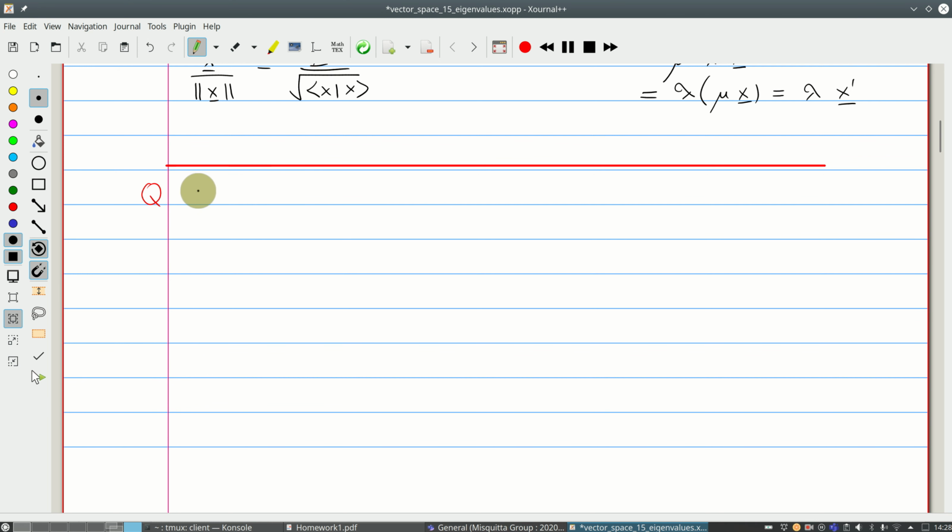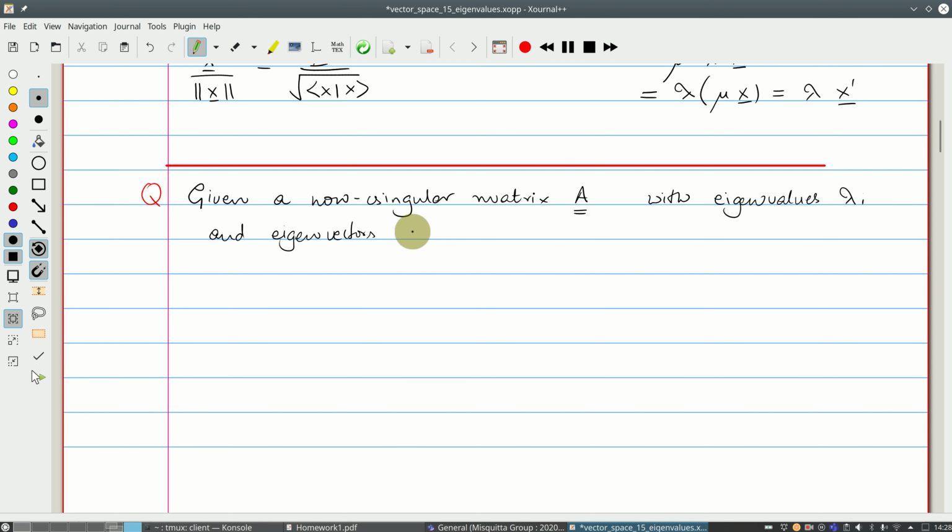So given a non-singular matrix A with eigenvalues lambda i and eigenvectors xi. Okay.